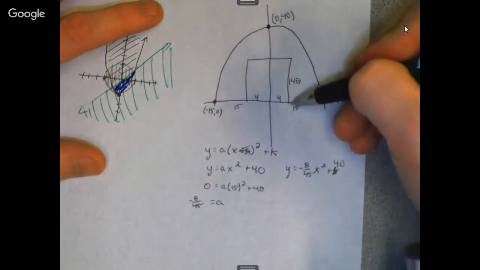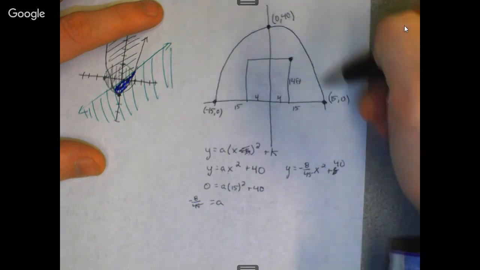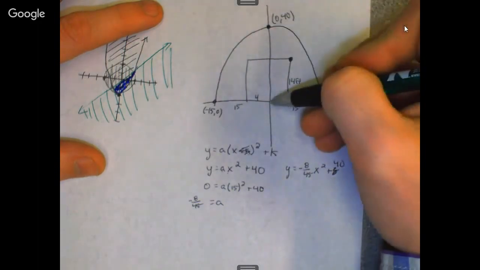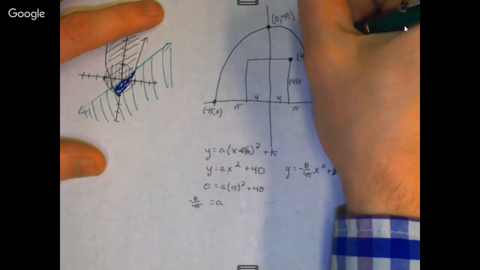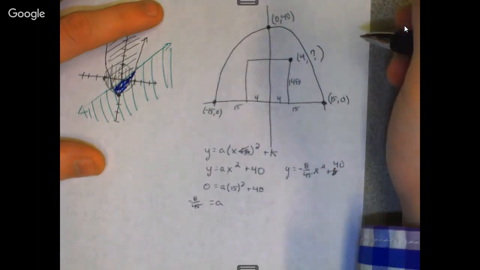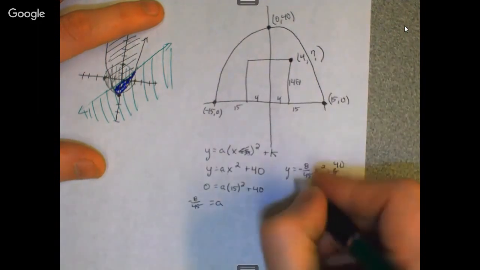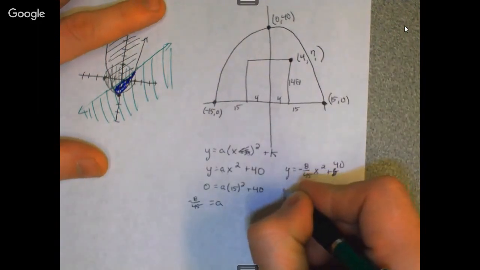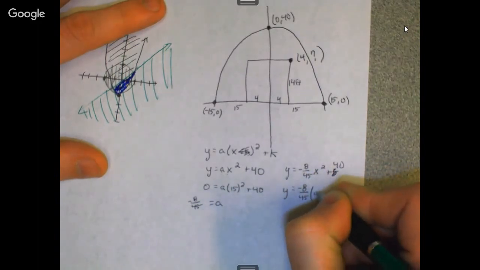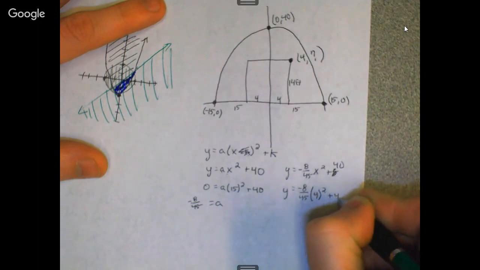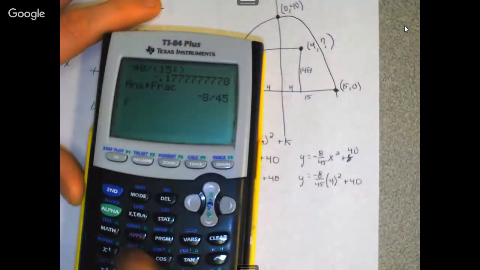Now, I want to know where is the corner of my RV compared to this line right here. So I know it goes 4 out. So I'm going to plug in 4 here and see where my parabola is. So y equals negative 8 over 45 times 4 squared plus 40. We'll put that in the calculator here.